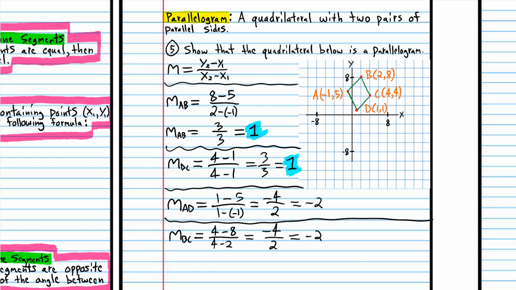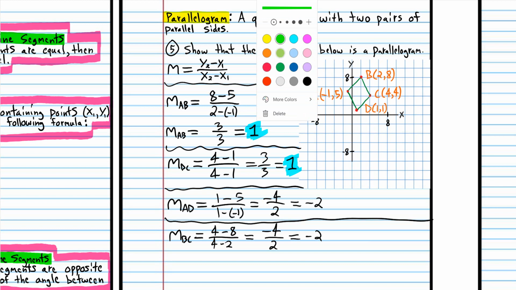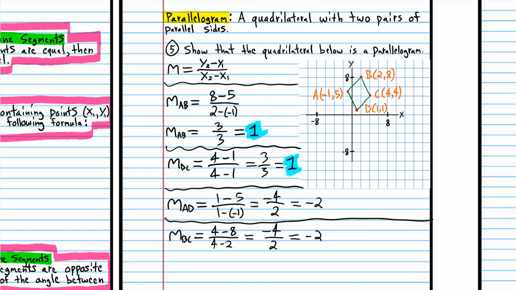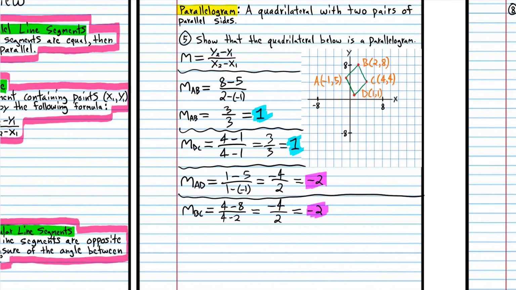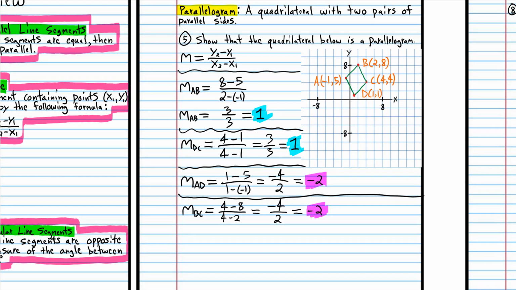So you can see that those slopes are both the same. So that proves that side AD is parallel to side BC. So we've shown that we have two pairs of parallel sides, a pair here and a pair here.